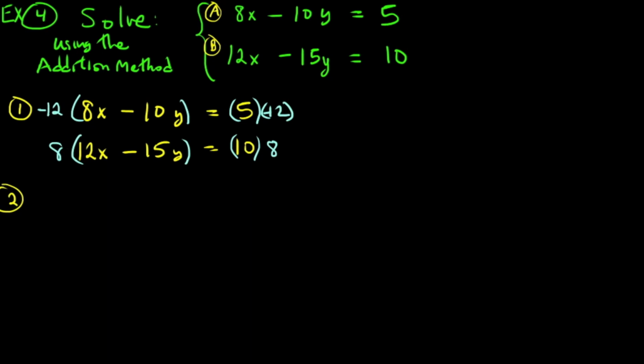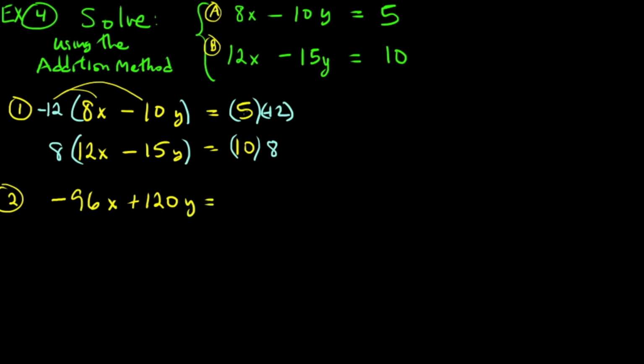Okay, so when we multiply negative 12 times 8x, I had to think about that for a second. Negative 96 times x. And then negative 12 times negative 10y is going to be positive 120 times y.